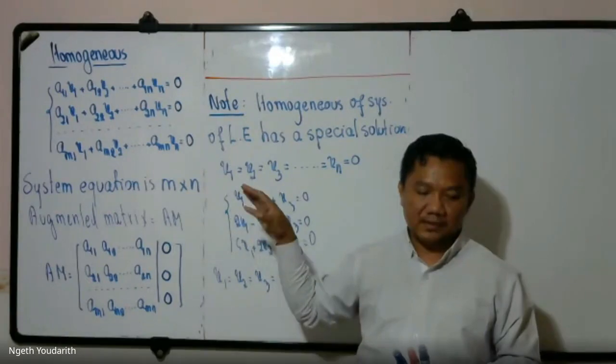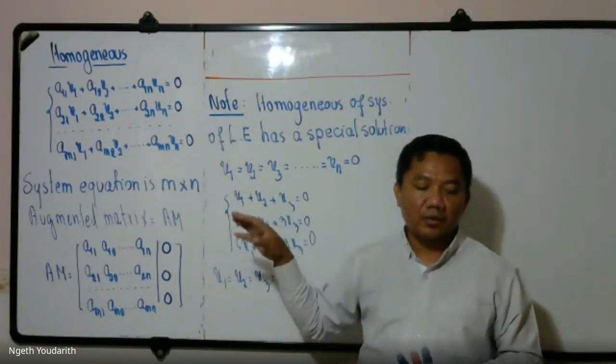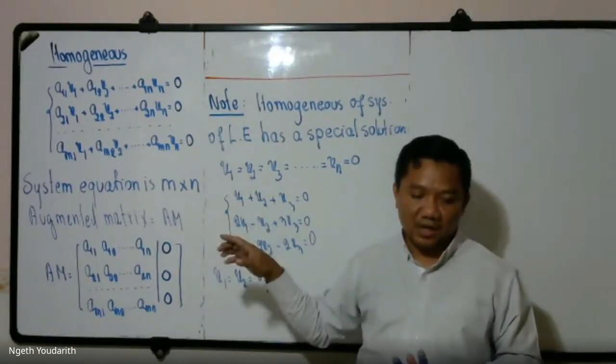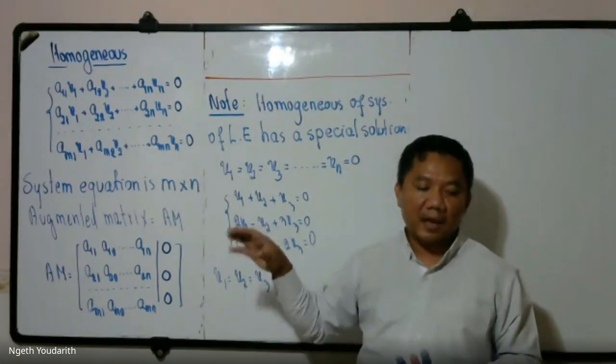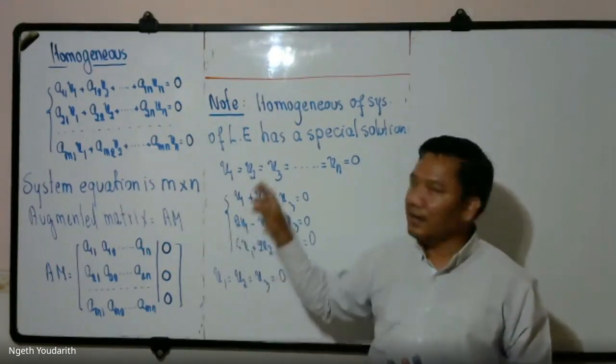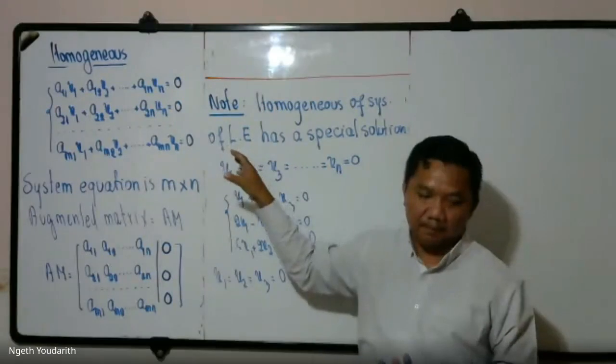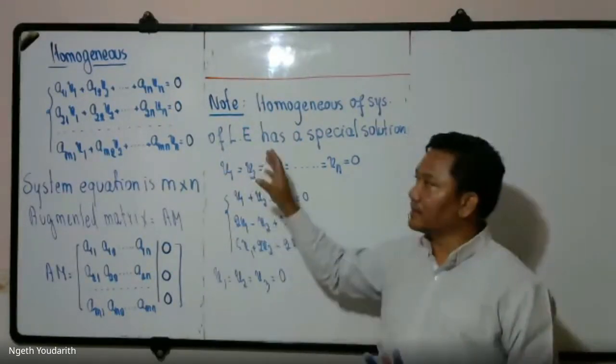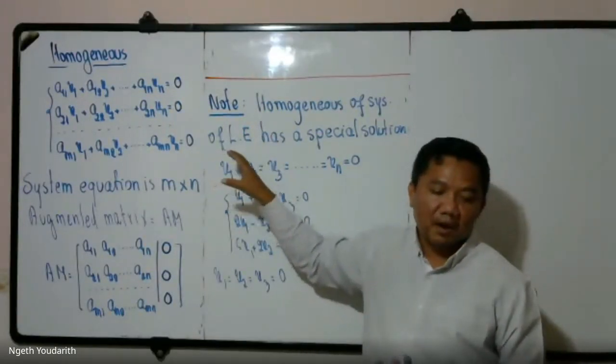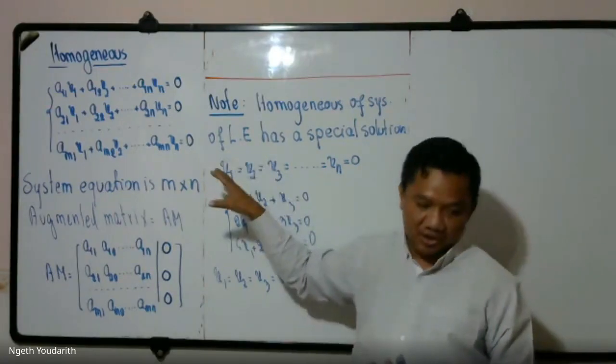A homogeneous system does not have no solution. It only has at least one solution. So I will give you some examples about homogeneous equations.